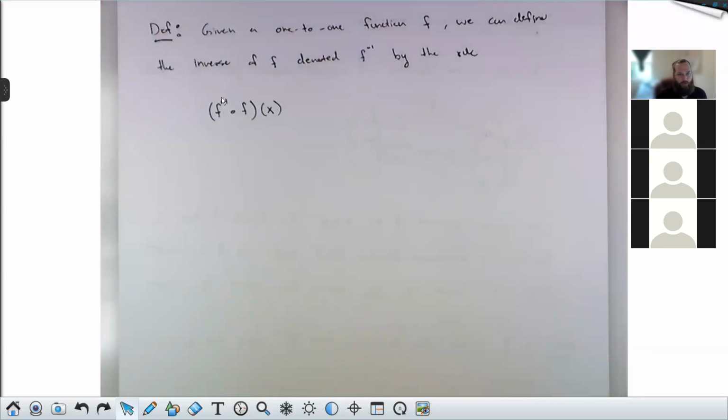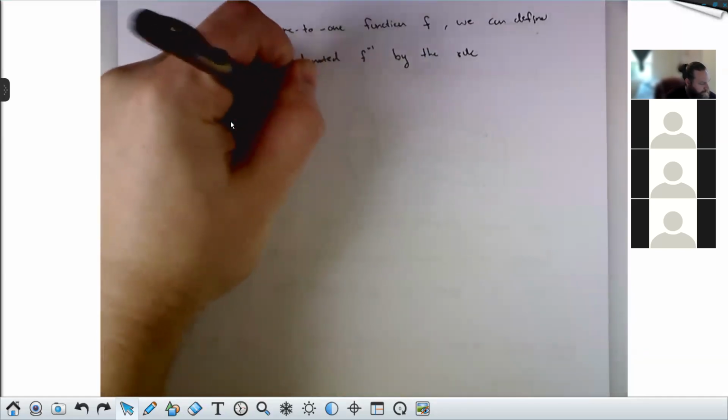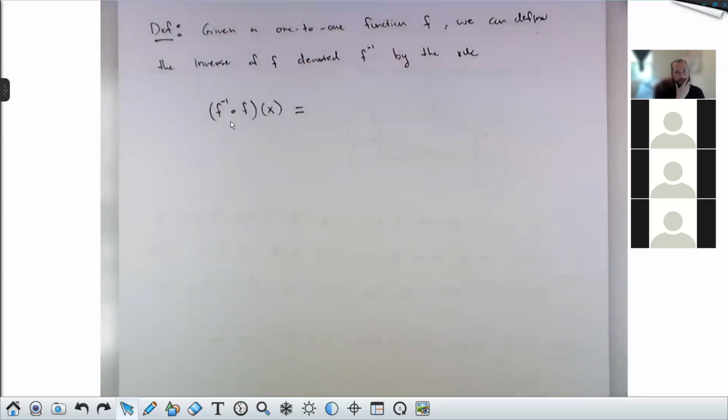If I do f inverse of f of x, so I take some input x, I apply f to it, then I apply f inverse to that, what should I get out? f is the black arrows, here's an input. f inverse is the blue arrows that turn the black arrows around. So we start with an input, do the black arrows to it, then do the blue arrows to that. Where should I end back up?